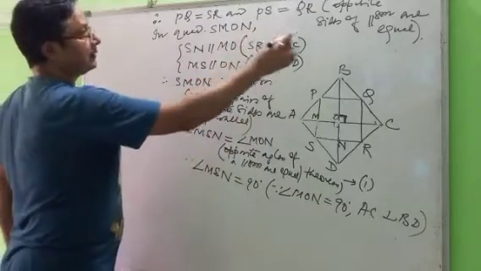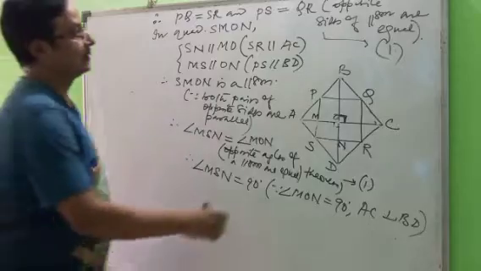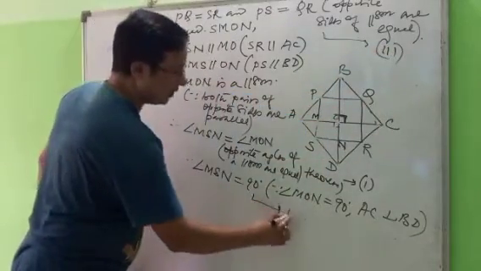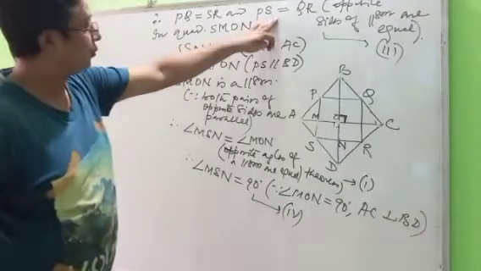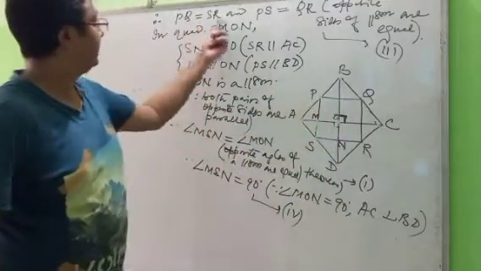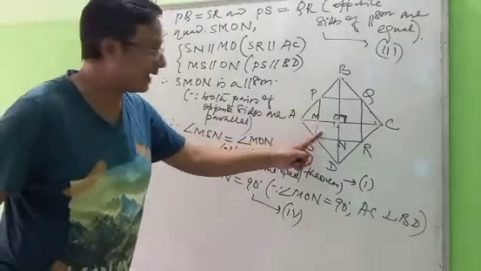Now, this one is, say, equation number 1, this will be 3, and then this will be 4. So you see, in this you got the opposite sides are equal, and from this you got one of the angles 90 degrees.